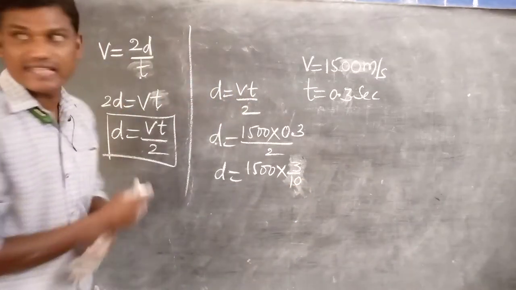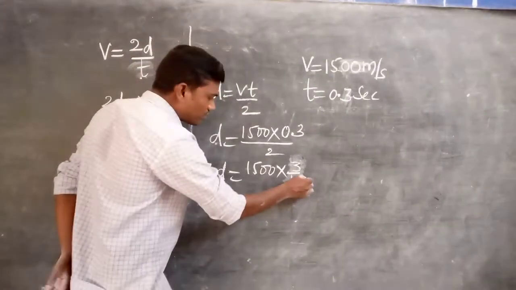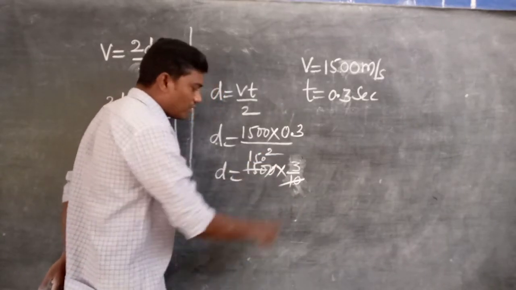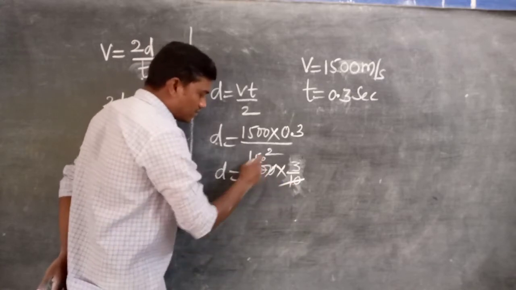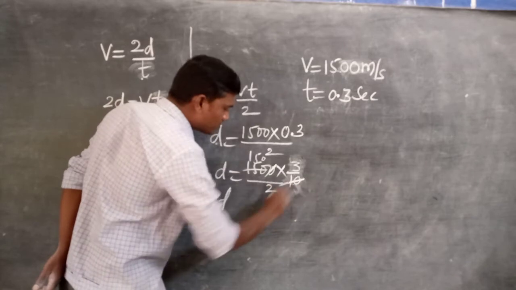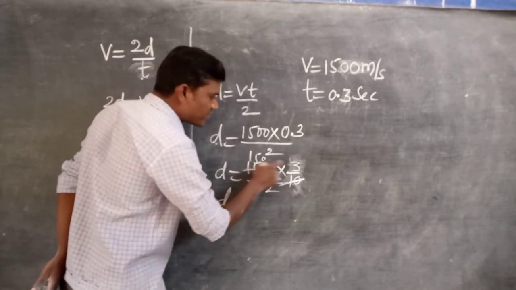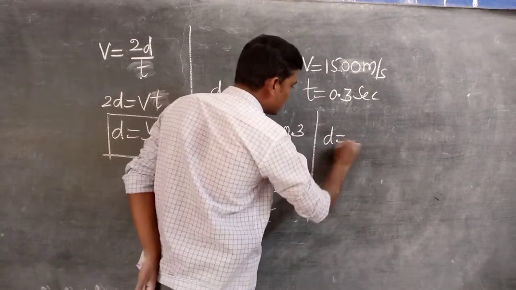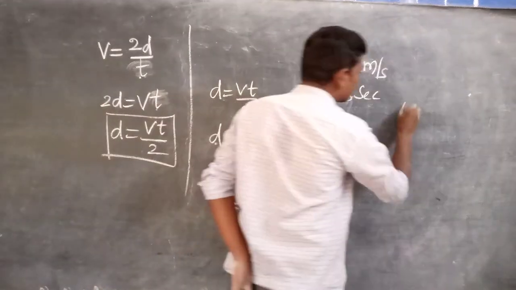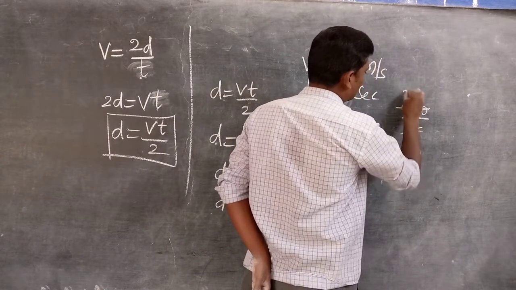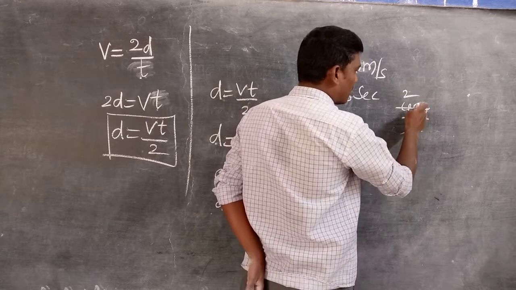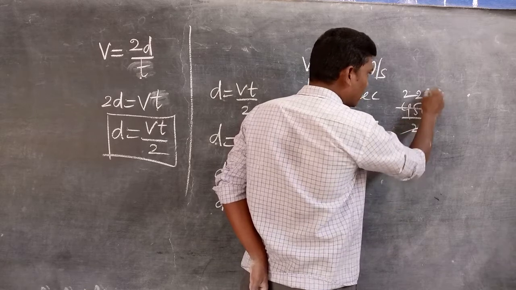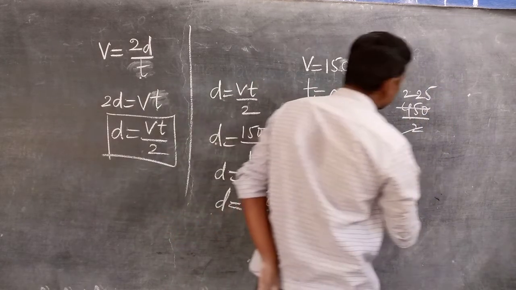So the zero cancels. 150 into 3 upon 2. Then D is equal to 450 upon 2, which is 225.